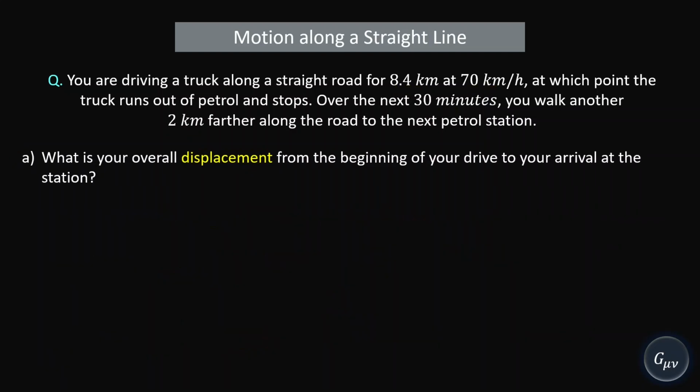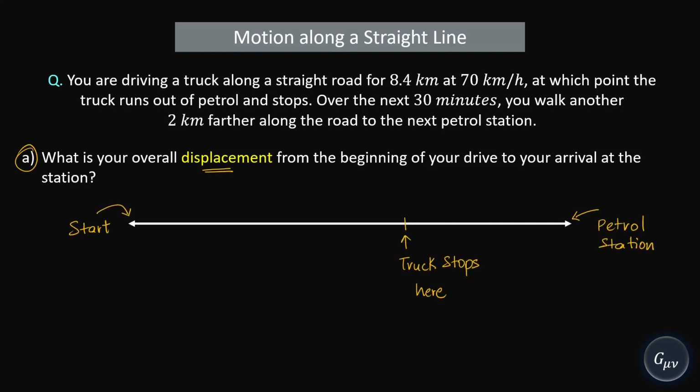This is a 4-part question. Let's solve each part one by one. So part A. This is asking for the overall displacement. So let's assume that your motion is along the positive direction of the x-axis. Your initial position is x1, which is 0. And the final position x2 is at the petrol station. So this distance from the origin to the truck is 8.4 kilometers.